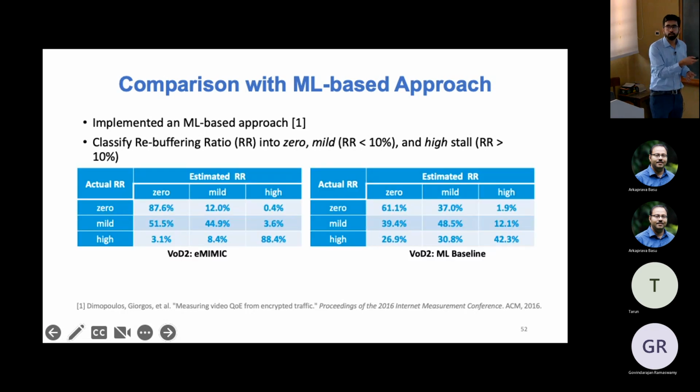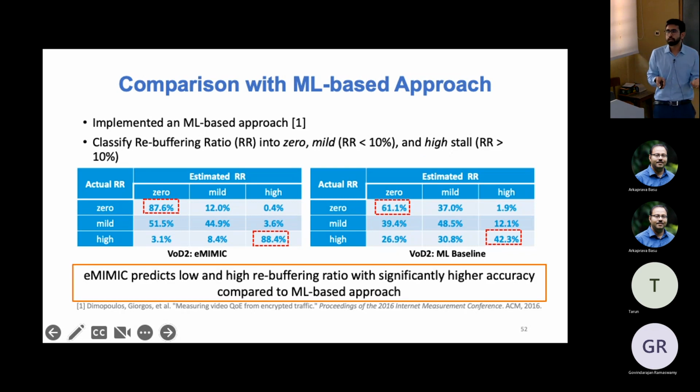So these are the accuracy numbers on the test data. The left hand side is the confusion matrix for our approach, and the right hand side is the ML baseline. You can see that we can estimate high and low rebuffering ratio sessions with much higher accuracy, and that too without any training overhead, because the session modeling based approach doesn't rely on data to train the models.